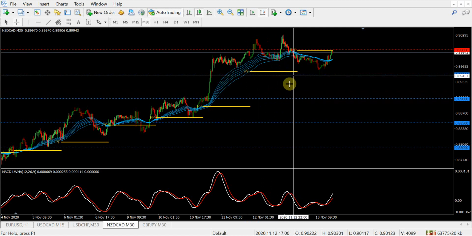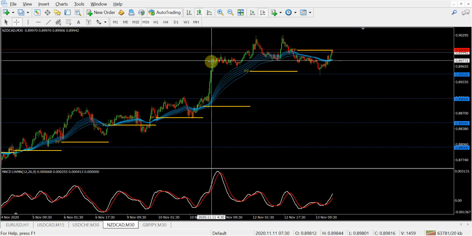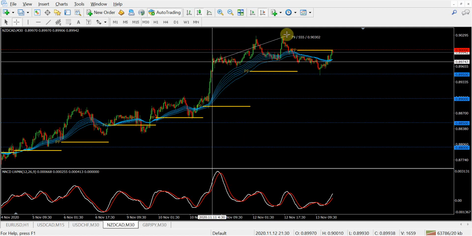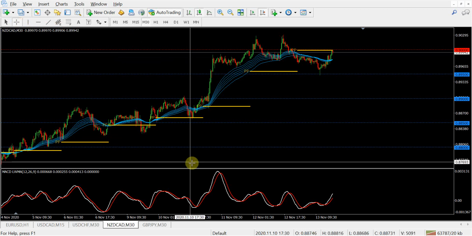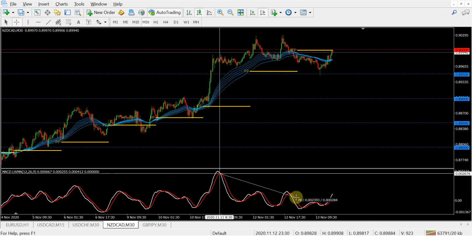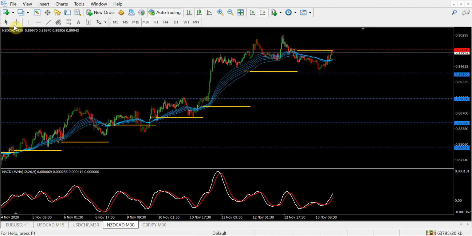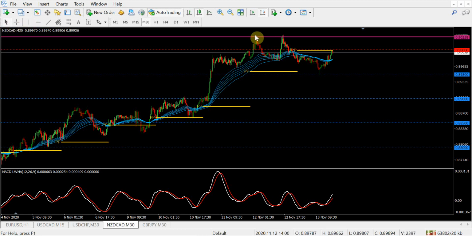And what I loved about this trade is not only did we have bearish divergence, price making higher highs and MACD making lower highs, we had this double top formed over here, and I got in just at the early hours. So around this level here I got in.